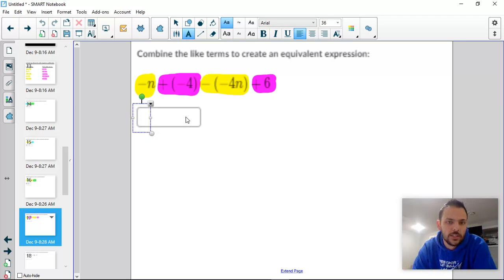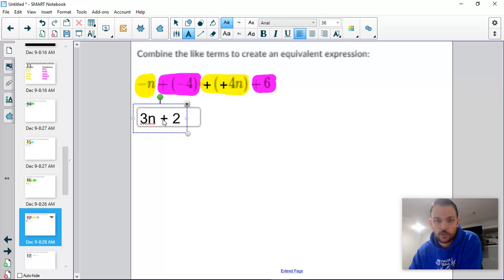There's not a number, it's a 1. So that's negative 1n minus negative 4, all right? So again, remember, because it's 2 negative signs there, those are both going to turn into positive. All right, double negative makes a positive. So down here, negative n plus 4n, that's going to make 3n. And then I have negative 4 plus 6. So that's going to be plus 2.